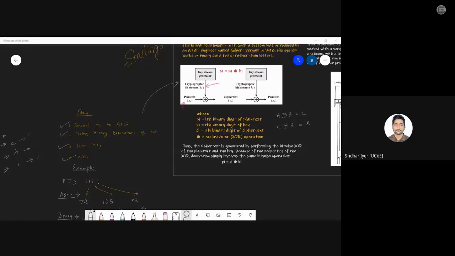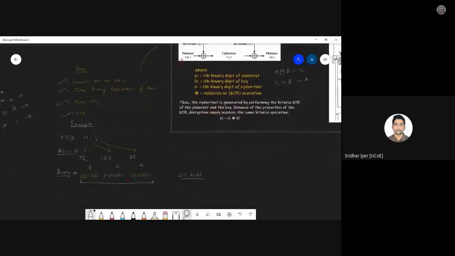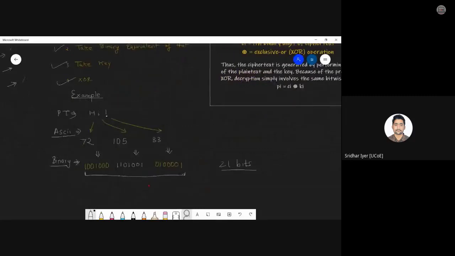So basically, in the exam, you have to convert the character into the ASCII equivalent, and from that ASCII you have to convert that into the binary equivalent, so you will get your plain text. This is nothing but the stream of plain text. You will get the stream of plain text of 21 bits, if I'm not wrong.